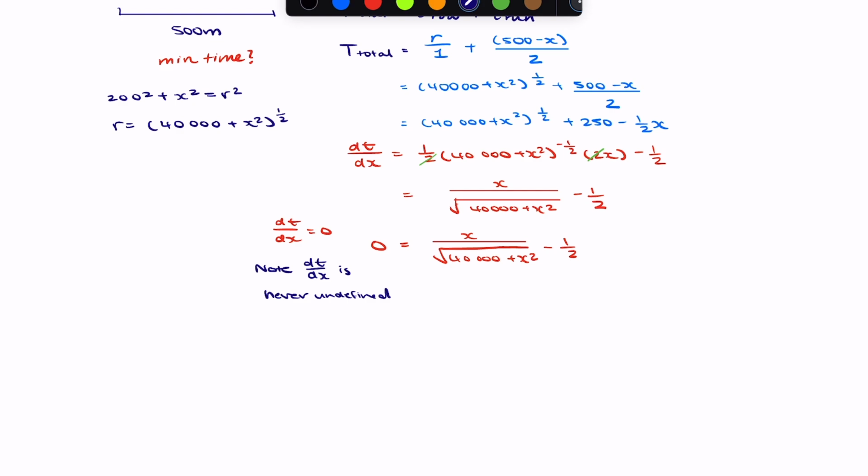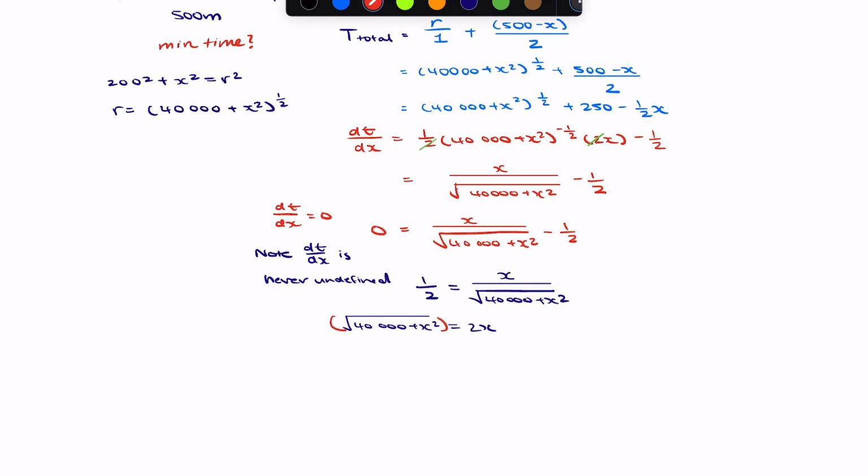Okay, so let's isolate here. So here we get 1 over 2 is equal to x over square root 40,000 plus x squared. Here we'll cross multiply. So we'll get square root 40,000 plus x squared is equal to 2x.